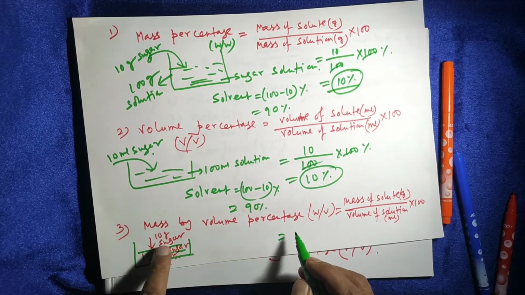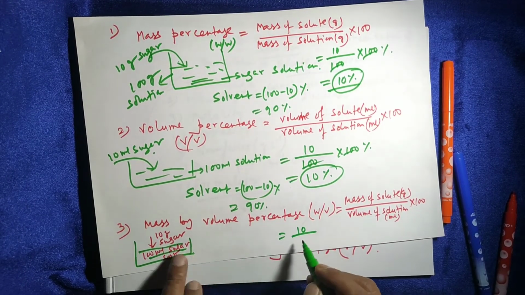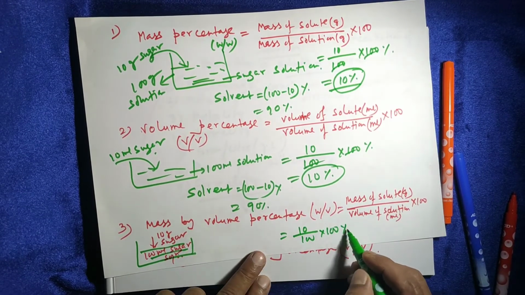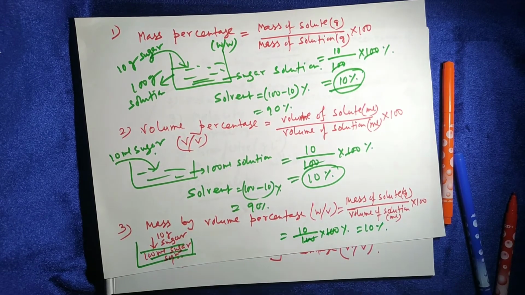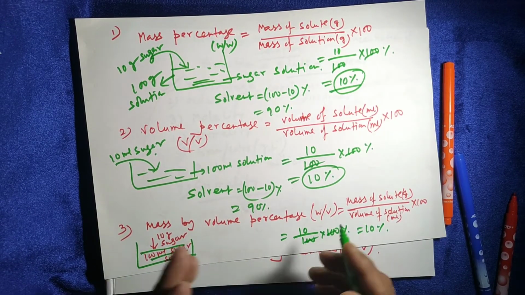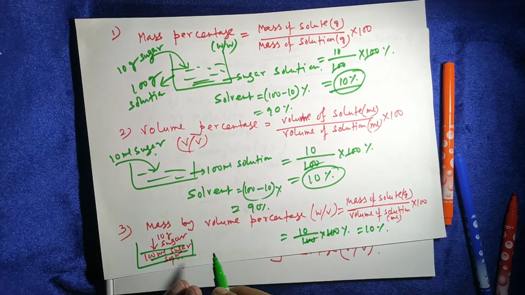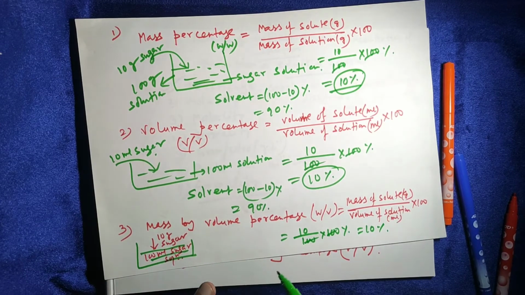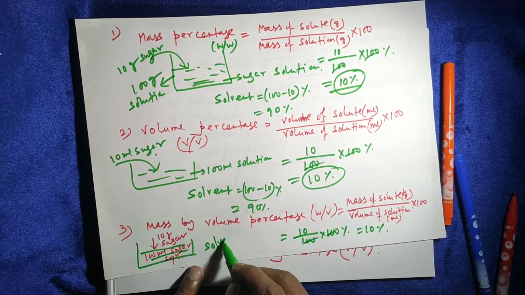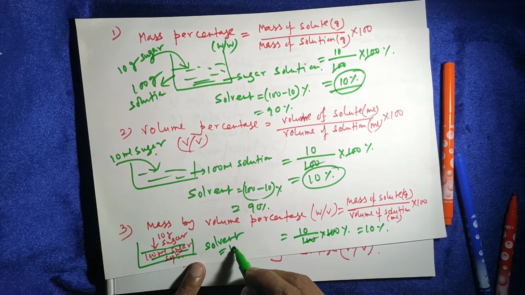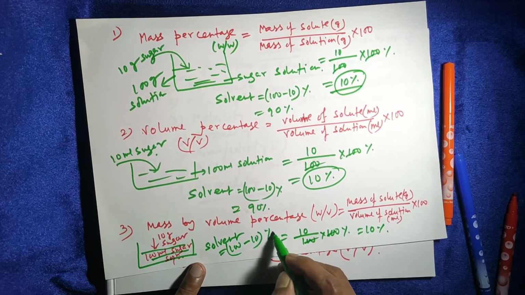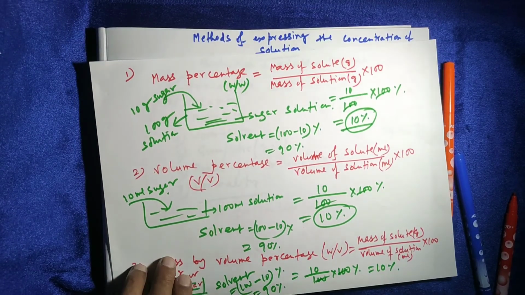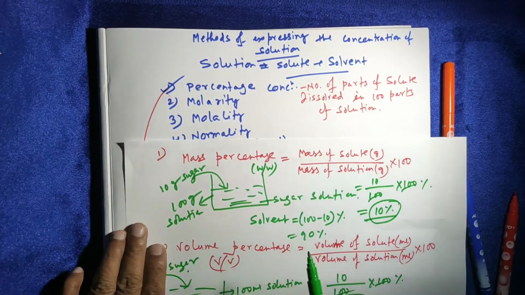It will be 10 gram sugar by 100 ml, gram per ml, you have to remember it, percent, and it will be 10%. So in this case, the percentage of sugar in the solution will be 10%, and the amount of solvent in the solution will be 100 minus 10%, which is 90%.